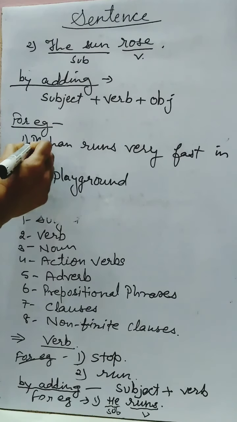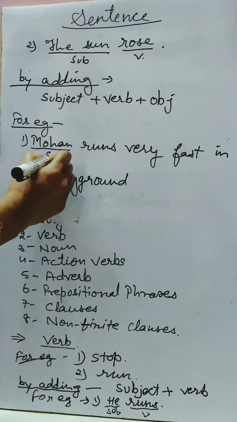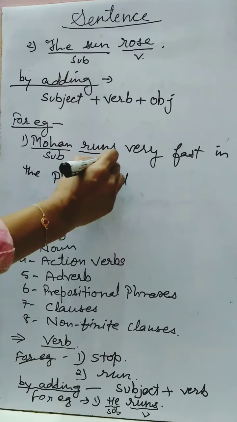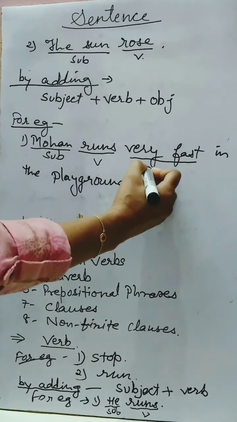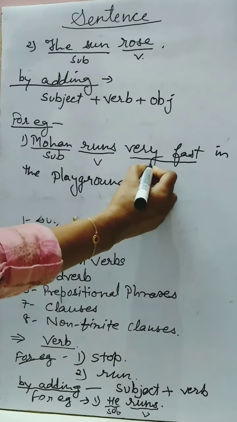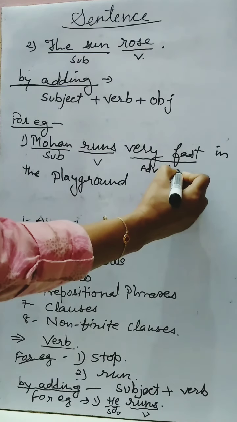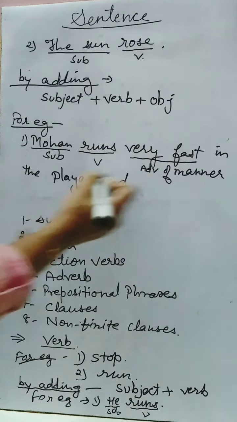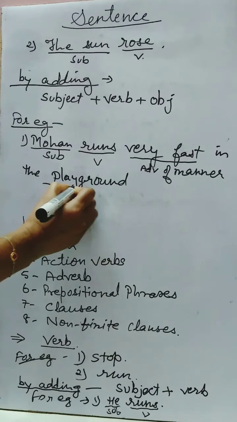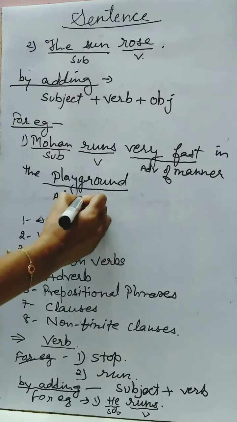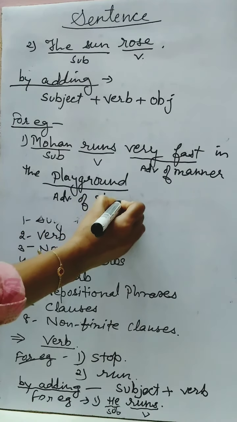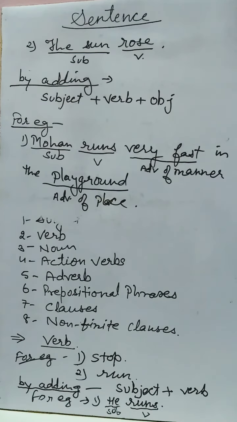Here you see Mohan is a subject, runs is the verb, and very fast is the adverb of manner, how he is running. And in the playground is an adverb of place, where he is running. So by adding more words, you can make the sentence larger.